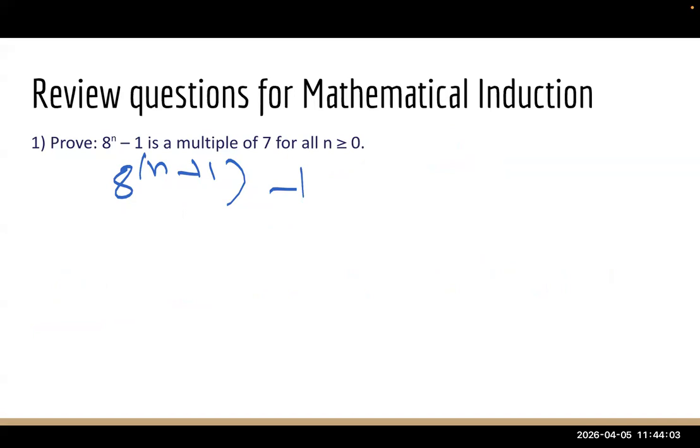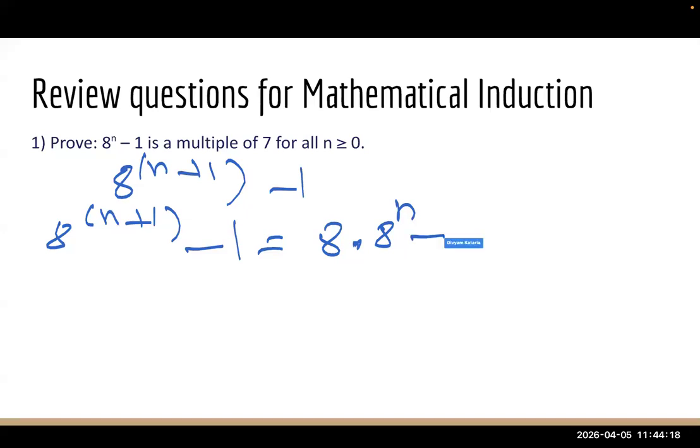So, 8 to the power n plus 1 minus 1 can be written as 8 multiplied by 8 to the power n, minus 1. Now, we can add and subtract any number over here without really affecting the equation, right?